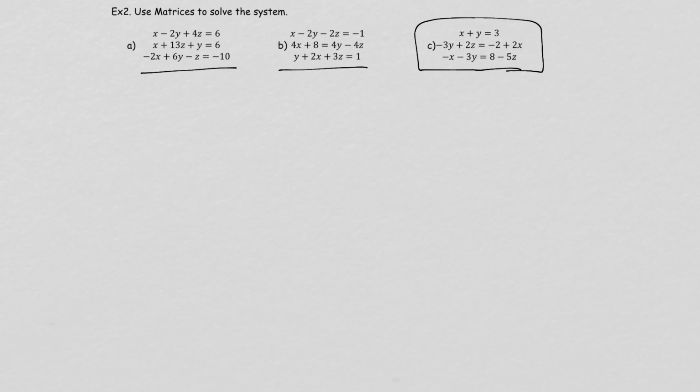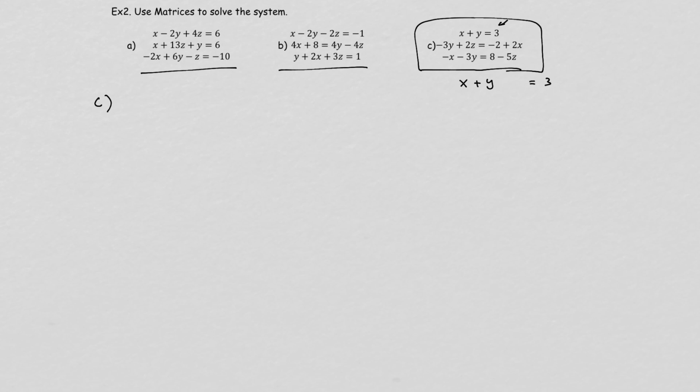So when I'm looking at the C, I see I have X, Y, and no Z in the first equation. And the second equation, I have all mixed, right? And I have X on the other. So the first thing I wanted to do is rewrite all this in the right format, same format as the other. So I will have X, Y, no Z, so it will be a space.